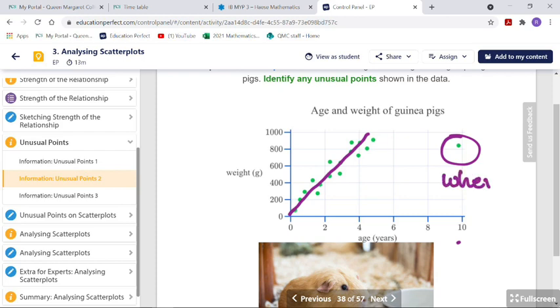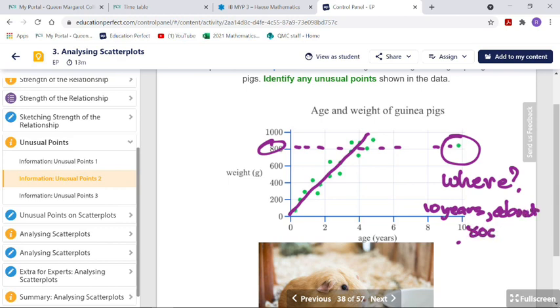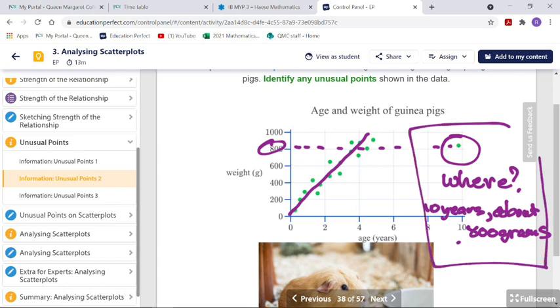But if you do say that, you've got to say where. The outlier is at 10 years and, what is that? About 800 grams, right? It's not exactly on 800. So if you do decide that something is an outlier, you need to identify it by its data, right?